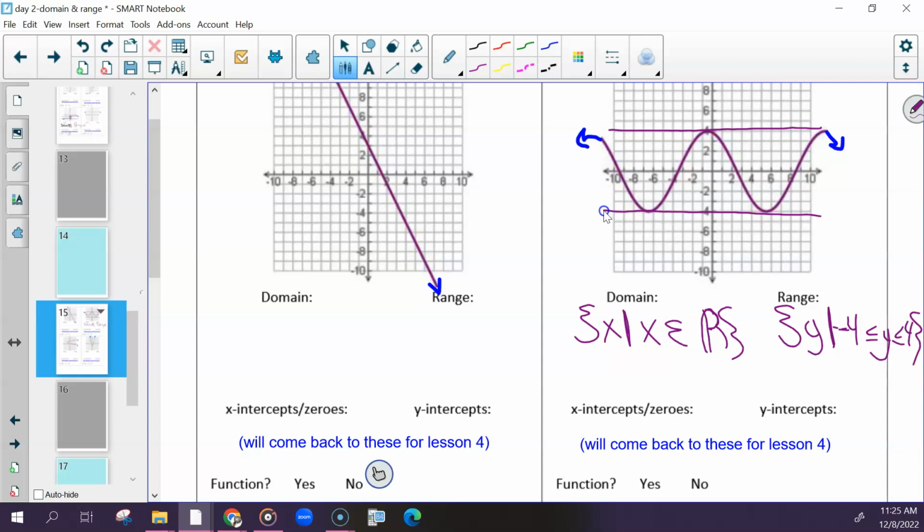Would this one be a function? Yes. You do your vertical line test, it doesn't have more than one place anywhere.